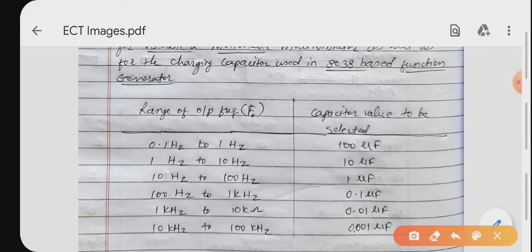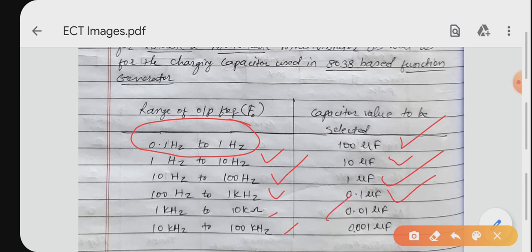You can assume any value, but these are the most accurate values based on the output frequency. If the output frequency of the multivibrator is in the range 0.1 Hz to 1 Hz, you can select a capacitor of 10 microfarad. If it is 1 to 10 Hz, you can select 10 microfarad. If it is 10 Hz to 100 Hz, you can select 1 microfarad. If the range of output frequency is 100 Hz to 1 kilohertz, you can select 0.1 microfarad, and so on.